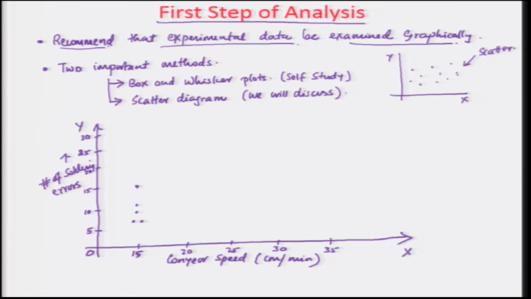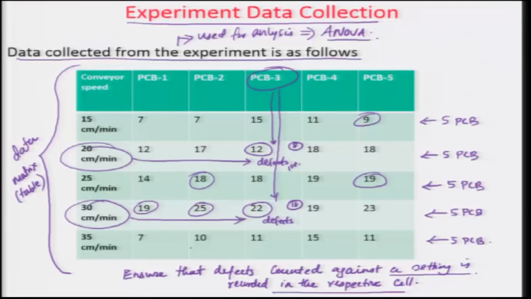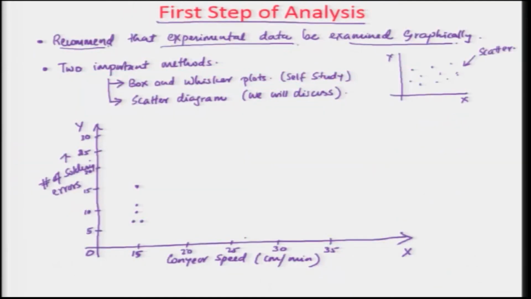Similarly, let us look at the conveyor speed of 20. 20 was 12, 17, 12, 18, 18, right. So, 12, 17, 12, 18, 18 is what we are interested in drawing. So, let us go back. This is 10, maybe 12 is right here.